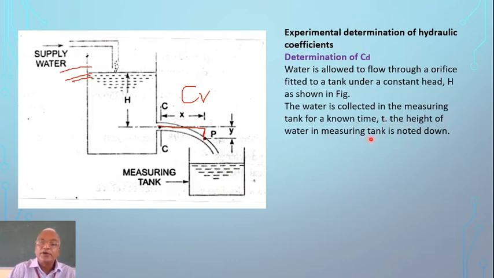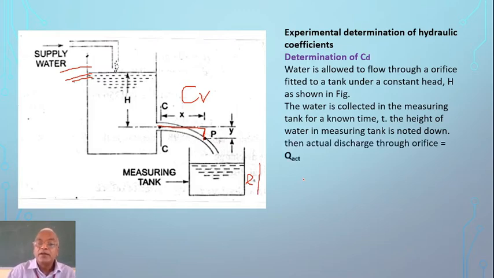The height of water in the measuring tank is noted. Something like, let us say, some y, not y, not h. What shall we call it? We'll call it L. So this height for which the water is collected is, say, L.